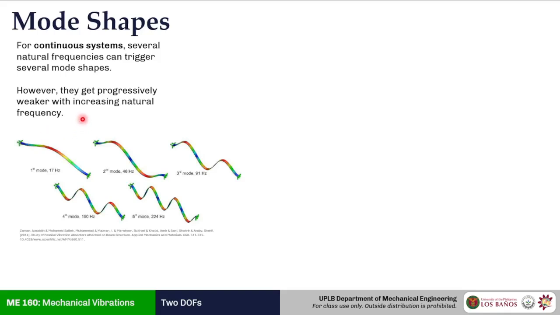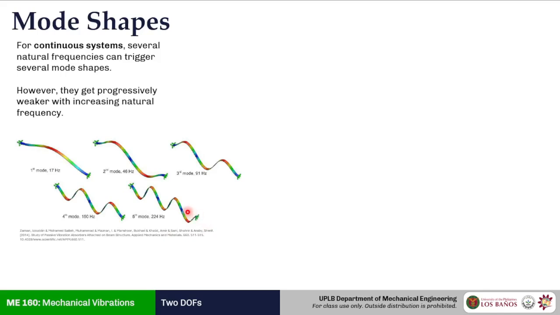However, because the natural frequencies get larger and larger, the amplitudes that they can produce are quite small. In essence, if you go beyond mode 6, mode 7, mode 8, the amplitudes will not even show up in your macroscopic view.